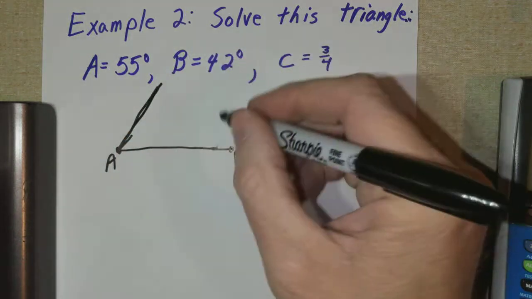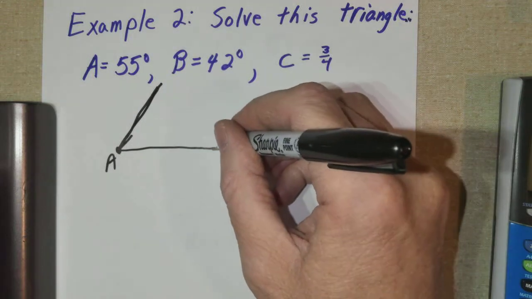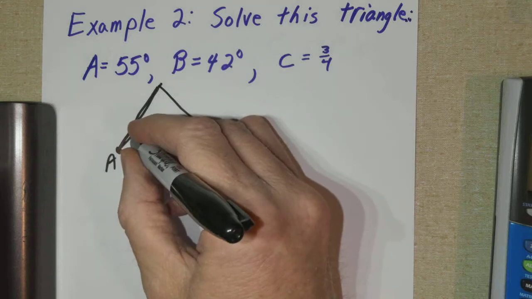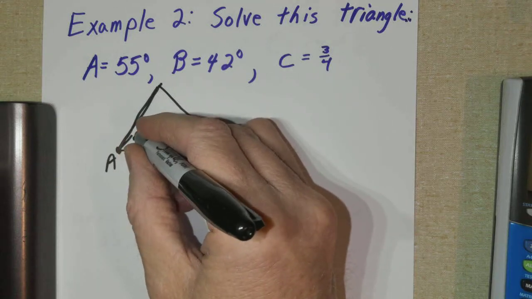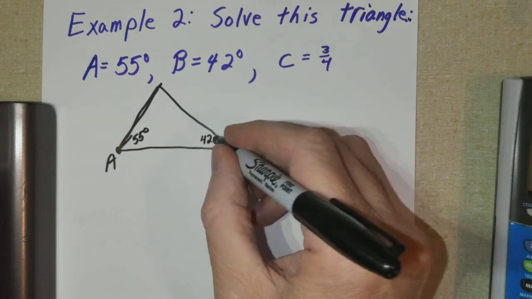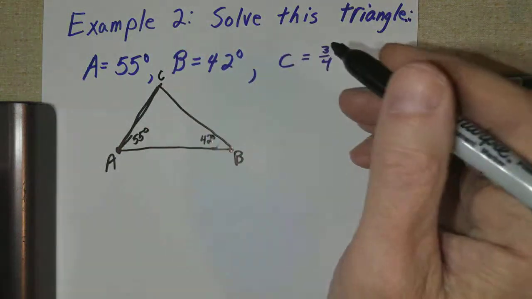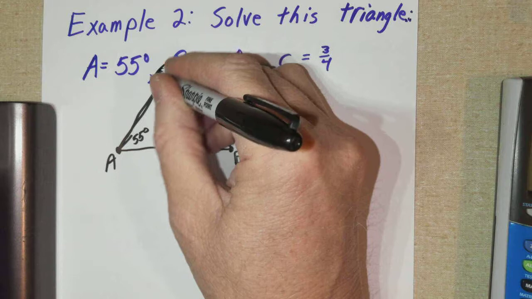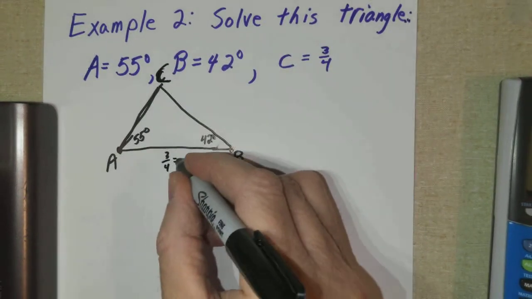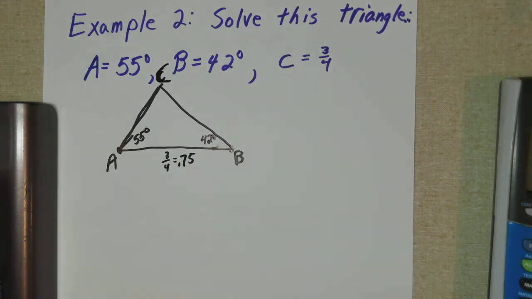Right there. 42 is a little more of an angle there. So this I'm marking as 55 degrees, this as 42 degrees. This is point C. And the length of this side is 3/4. I'm going to use 0.75 in our calculations.